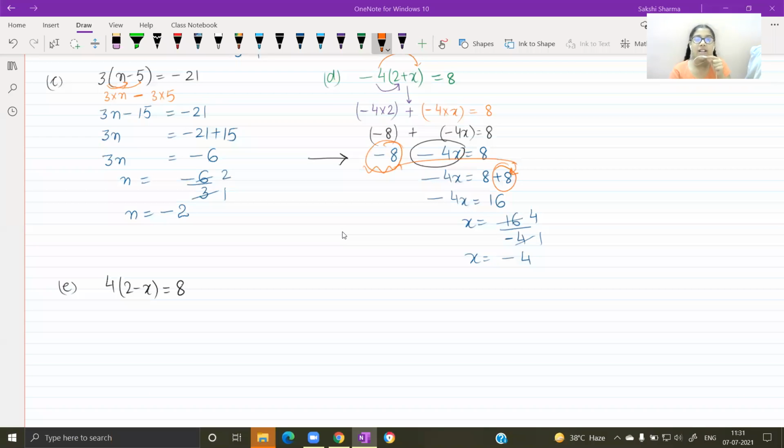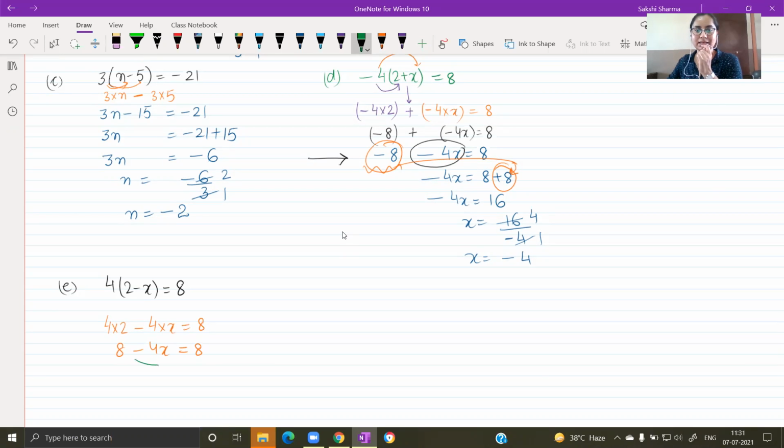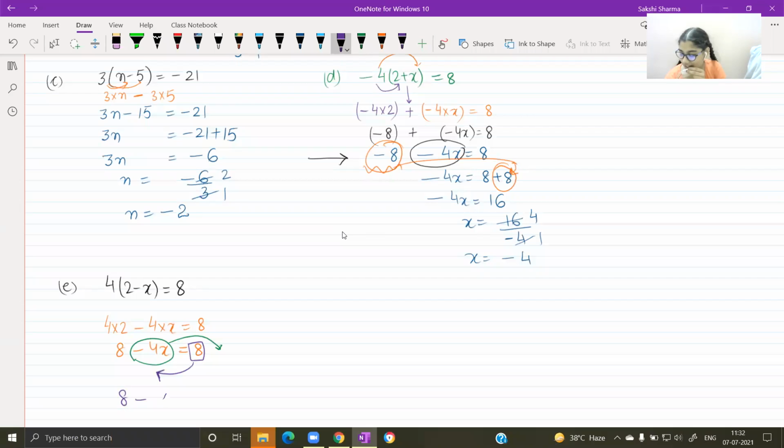Ma'am, from D part, I had done it by your way. Firstly, what I did, 4 into 2 minus 4 into x is equal to 8. Then in the second line, 8 minus 4x is equal to 8. Then 4x is equal to 8 minus 8 is equal to 0. What you have done is you have taken this to the other side and brought this number to the left hand side. Actually I brought 4x to the left hand side and 8 to the right hand side.